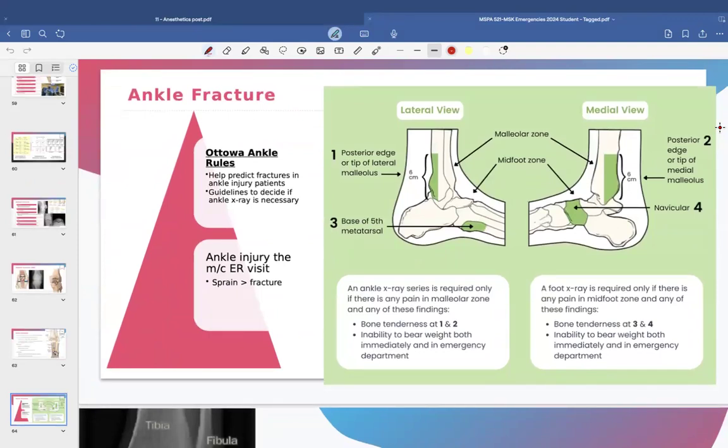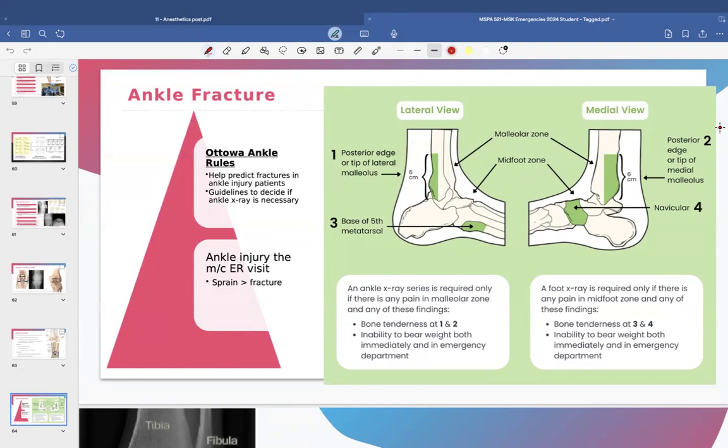Get your medial and your lateral views. Have you guys heard of the Ottawa ankle rules? They help predict fractures in ankle injury patients. They're guidelines for determining if you need an ankle X-ray. So basically, you're going to be looking to see if there's any bony tenderness at the posterior edge or tip of the lateral malleolus, just because this is a common place for fractures, as well as the posterior edge of the medial malleolus.